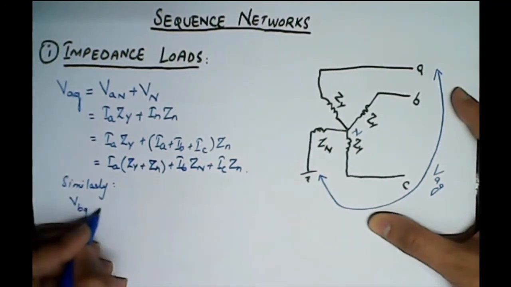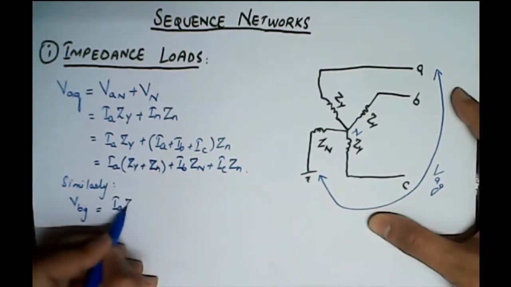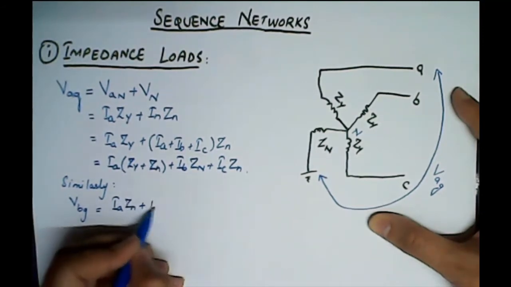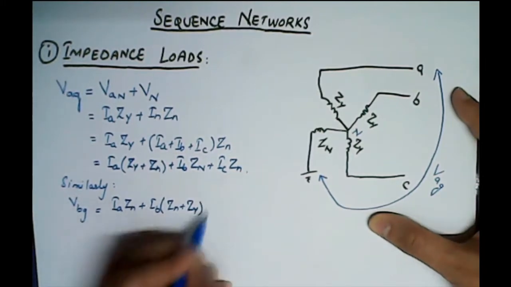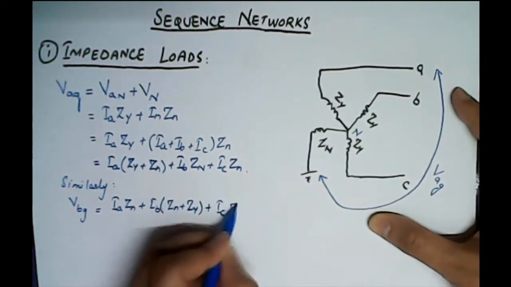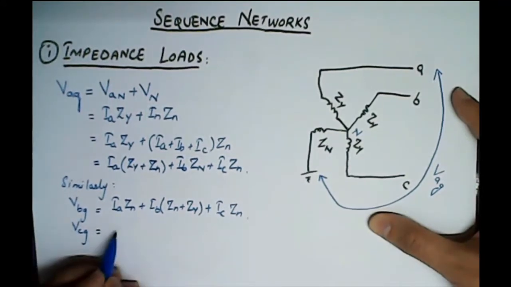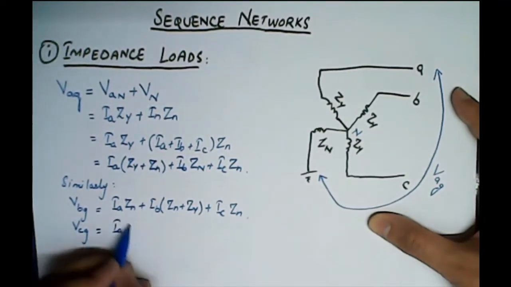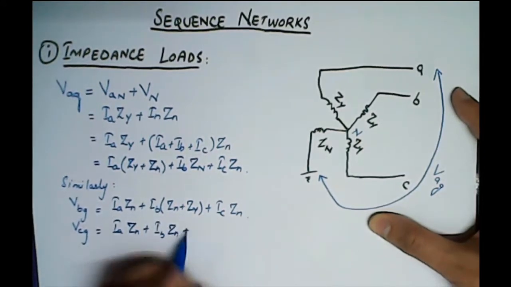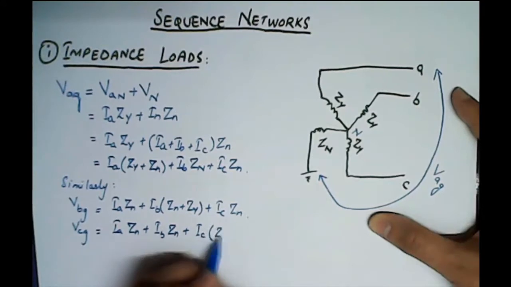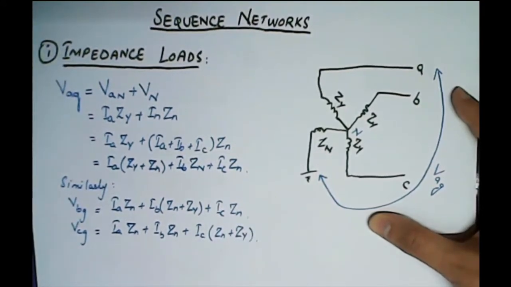Similarly, VB to ground will be equal to IA times Zn plus IB times (Zn plus Zy) plus IC times Zn, and VC to ground will be equal to IA times Zn plus IB times Zn plus IC times (Zn plus Zy), right?